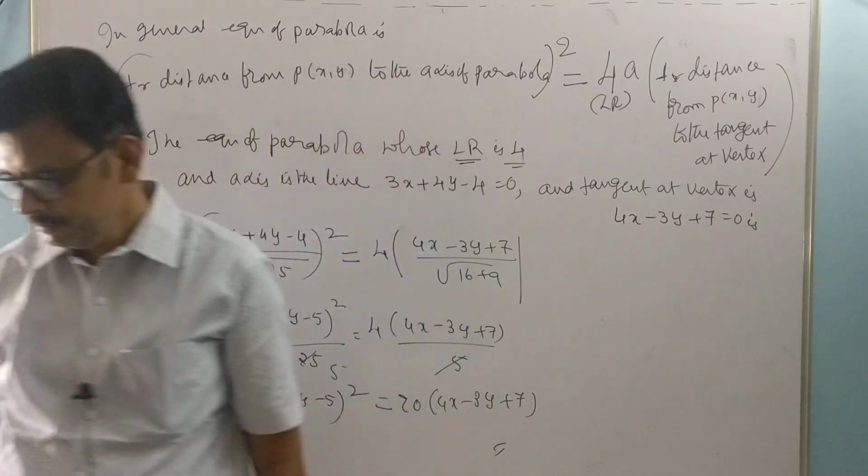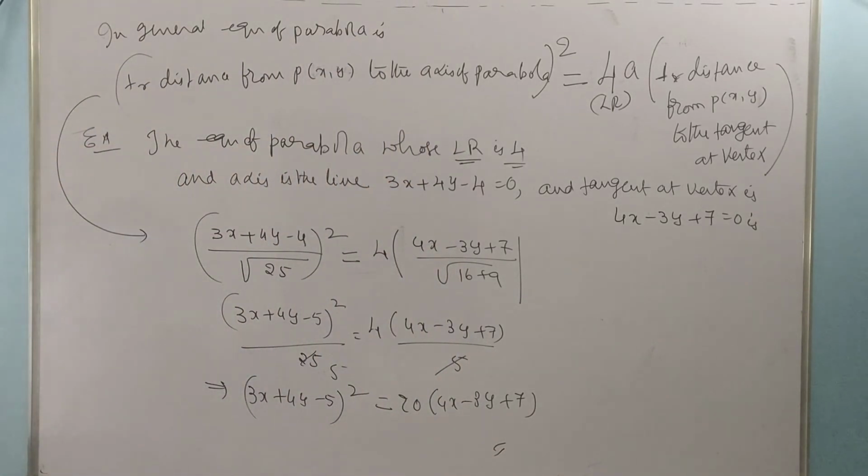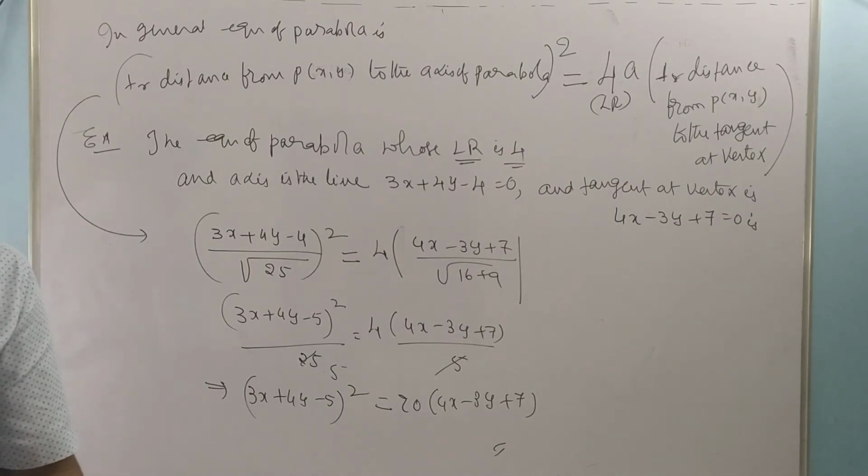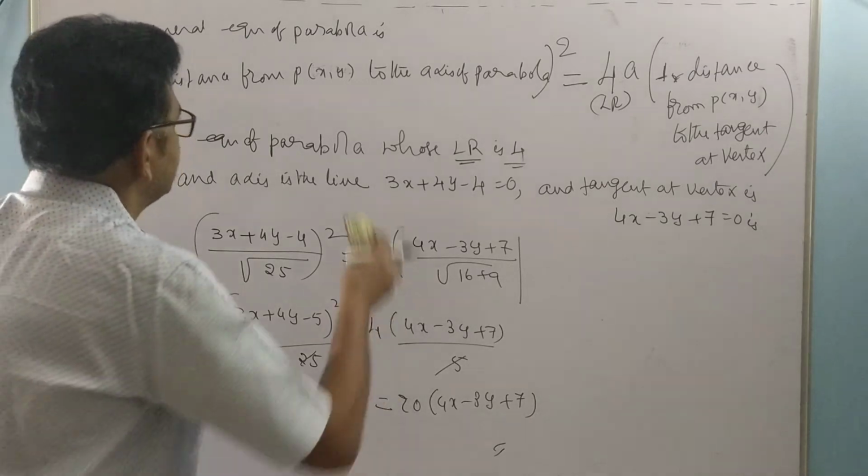Next one, notations. The equation of parabola is denoted by S equal to 0.